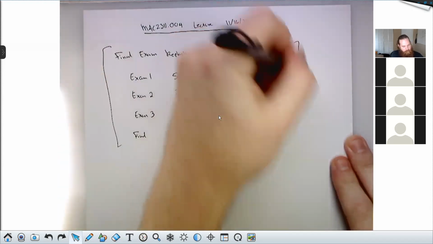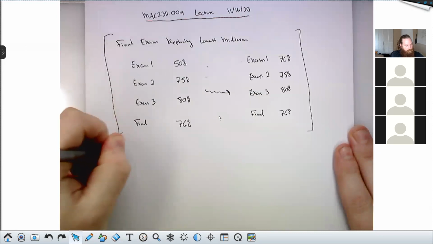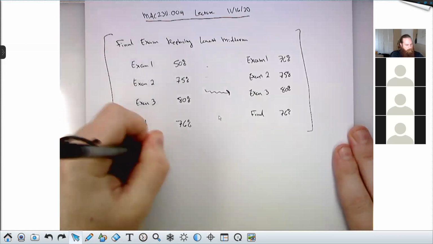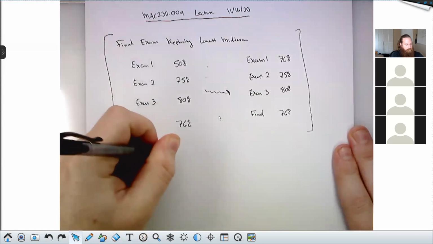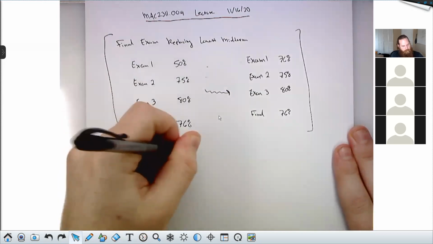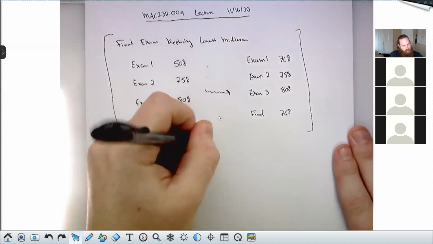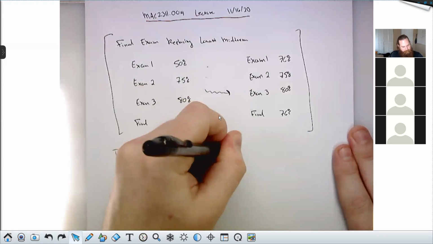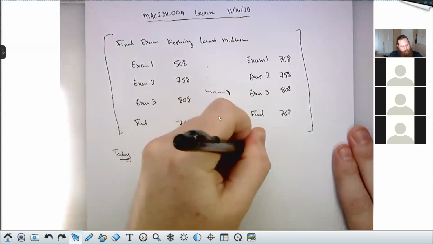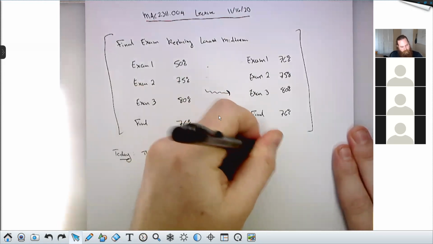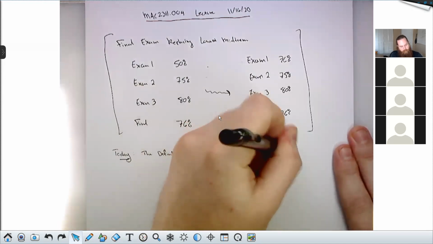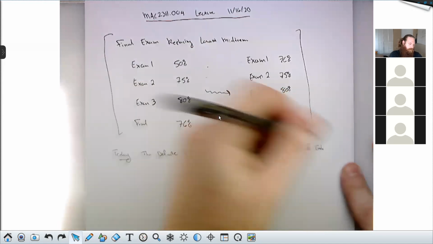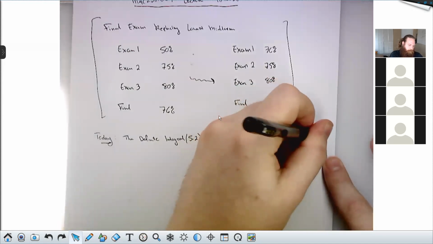Okay. So today, I'm going to talk about the definite integral, this is section 5.2, and the fundamental theorems of calculus, which is section 5.3.